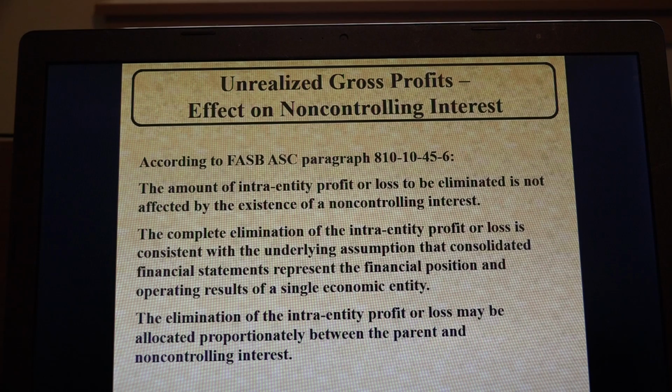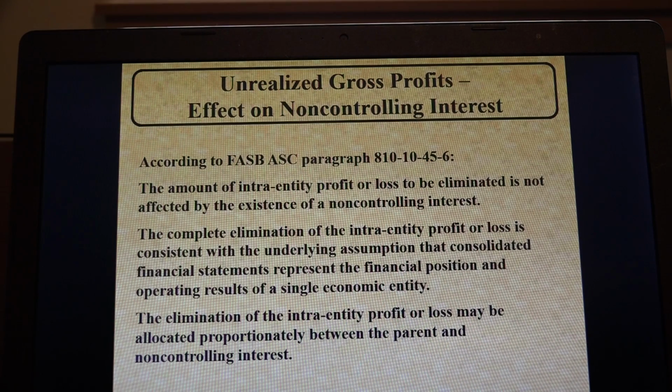In the book, they indicate that it doesn't make any sense to allocate proportionally between parent and non-controlling interest this intra-entity profit when you've got a downstream type sale going on, going from parent to sub, because the profit is totally with the parent, not the sub, and therefore the non-controlling interest has no interest in that intra-entity profit.